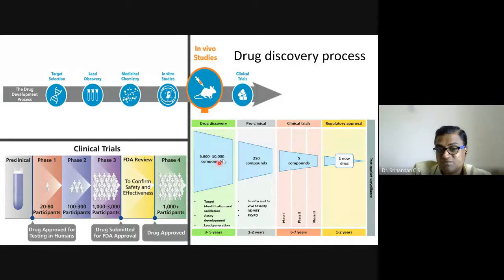Just say from 10,000, only one new drug can come. So it will filter out, filter out, filter out, and it's a very stringent system. However, can we make it shorter by our bio-inspired tools or anything so that we get more compounds?